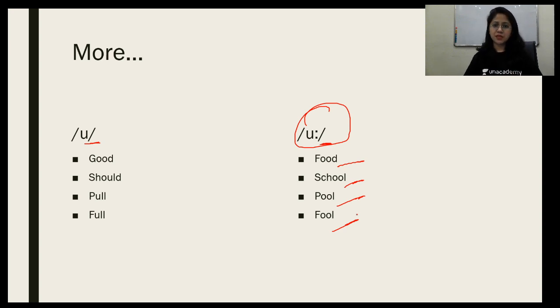Please do not make the mistake of replacing one with another. So for example, food cannot be replaced by wood, school, skull, pool, pull, fool, full. It's important to understand that none of these can be replaced by the other.